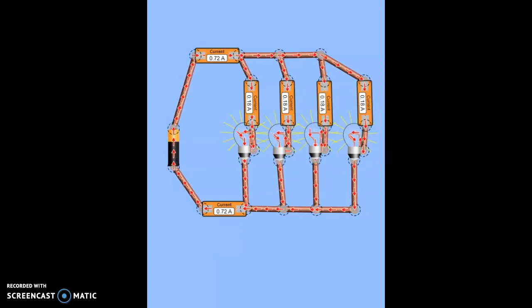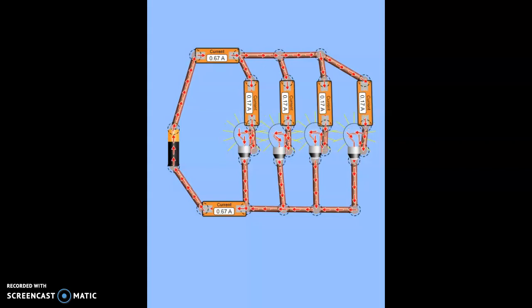Now, something that we have discussed a little bit is that as we add in parallel, the voltage of the battery should actually decrease. And that is because of the battery's resistance. Right now I have the battery listed with a resistance of 0 ohms. Here it is with 1 ohm.